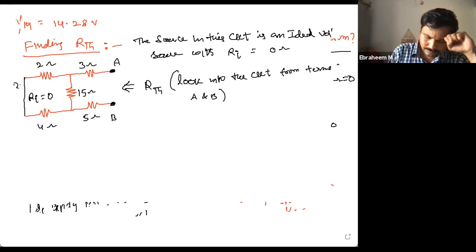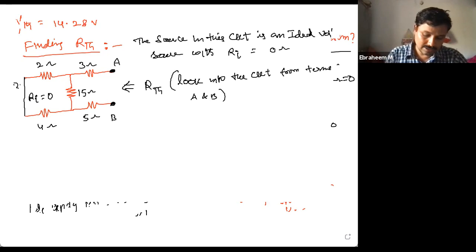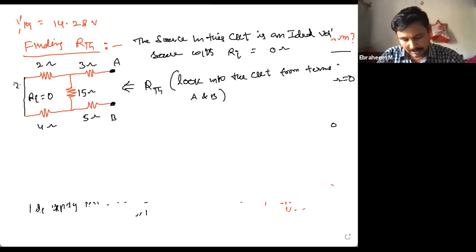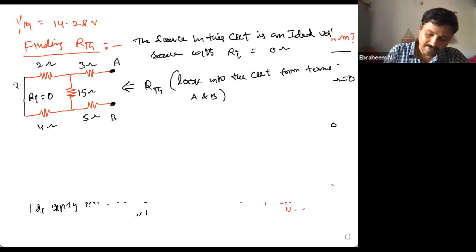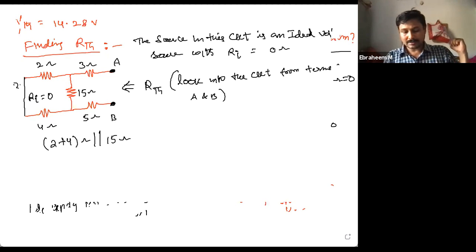What will be the RTH? First, on the left side loop, you have 2 plus 4, 6 ohms, right? So 2 plus 4 in series, right? 2 plus 4 ohms parallel with 15 ohms, right?